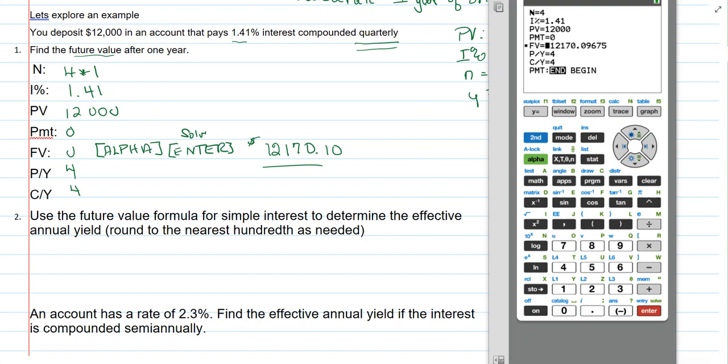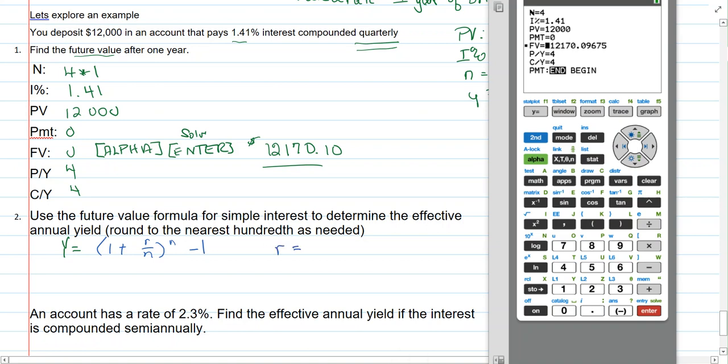So we're going to use our formula. Y equals, I need to be using a different color, sorry about that. 1 plus R divided by N raised to the N, minus 1. Now here, R is used instead of I percent. That means it has to be in decimal form.